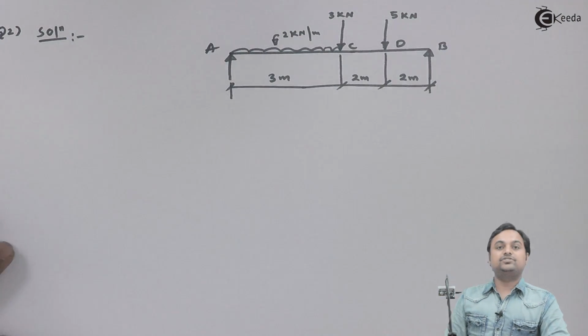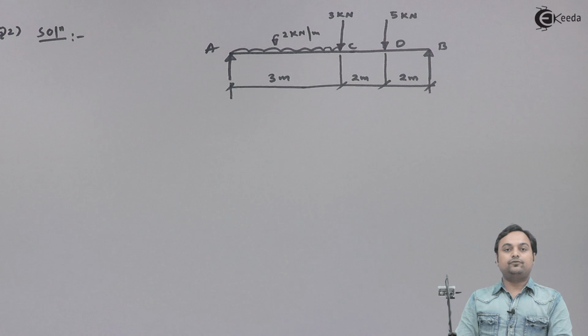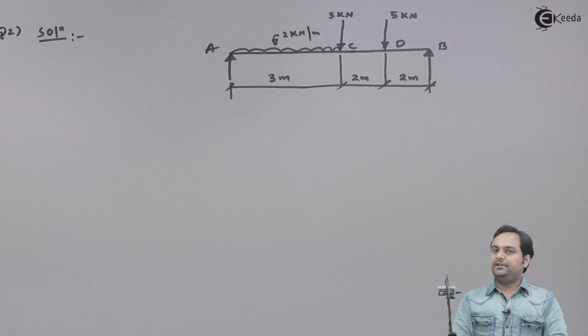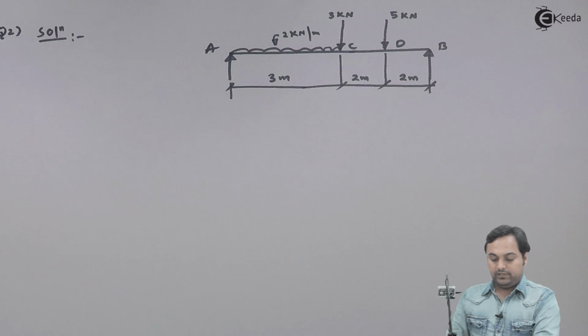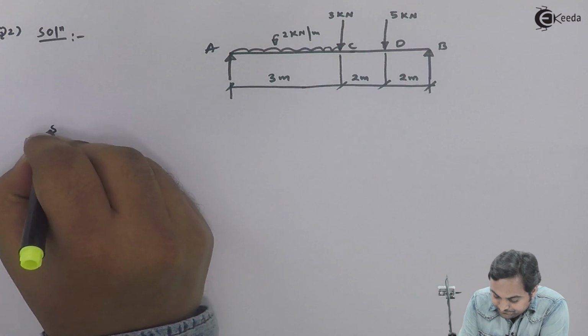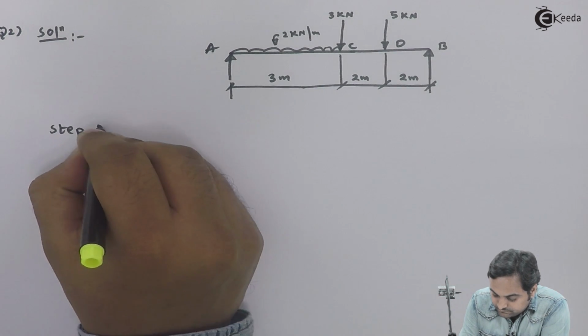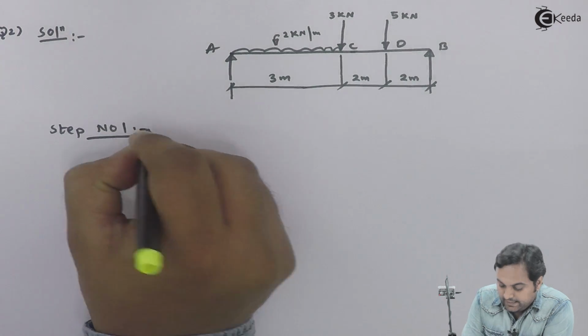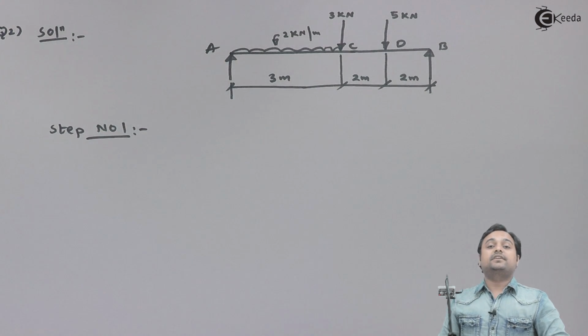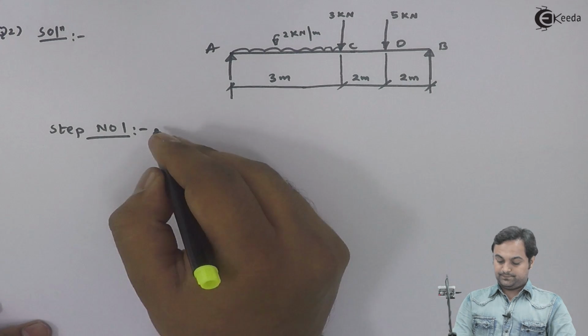Now this is the beam which is given in the question. We have to find out the shear force diagram and bending moment diagram. First of all, I will write step number 1. And in step number 1, it is calculation of support reactions.